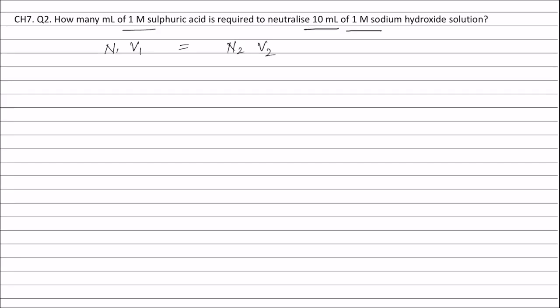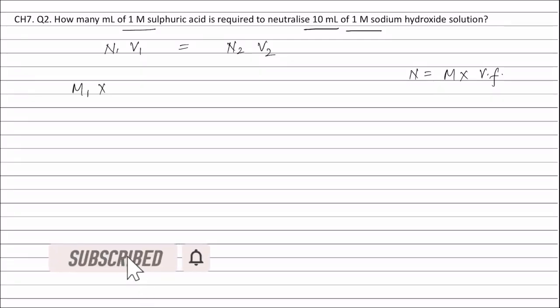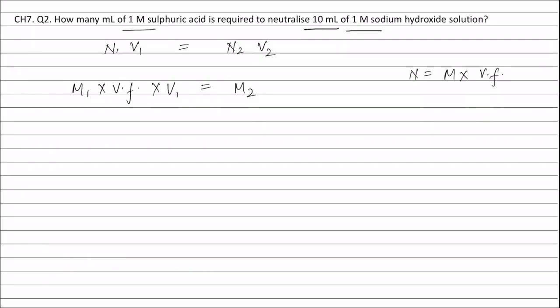Now, the relationship between normality and molarity is that normality is equal to molarity into valency factor. Therefore, we can write N1V1 as M1 into valency factor into V1, which is equal to M2 into valency factor into V2.